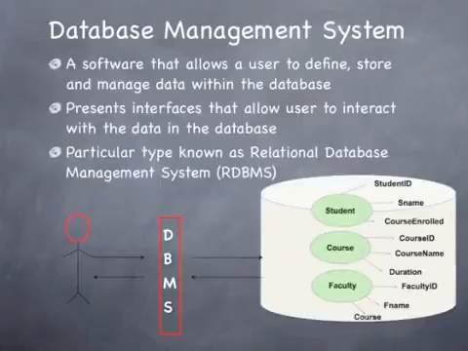The database management system takes care of storing, defining, and managing all the data that is within the database. And there are many types of database management systems available, and one of the most popular ones is the Relational Database Management System, that's abbreviated as an RDBMS.